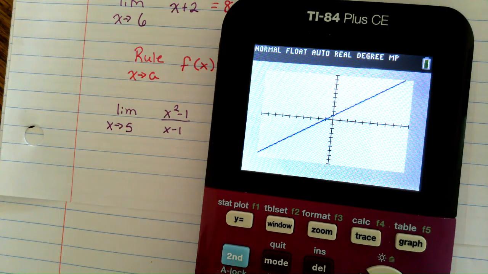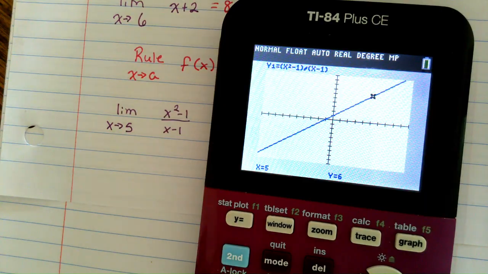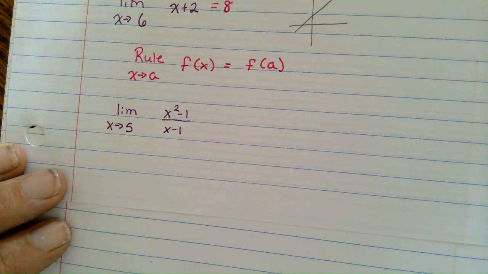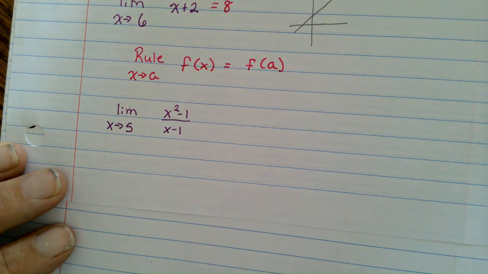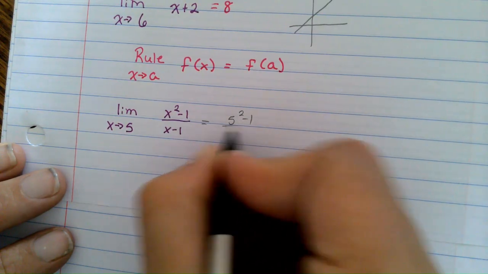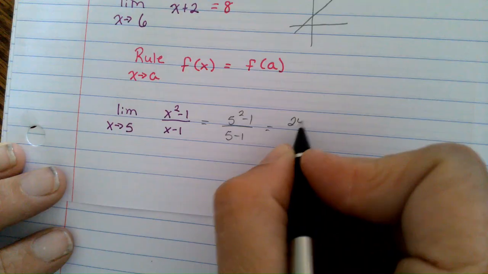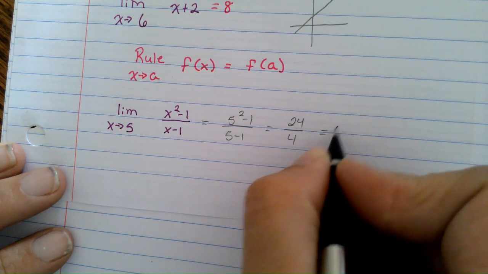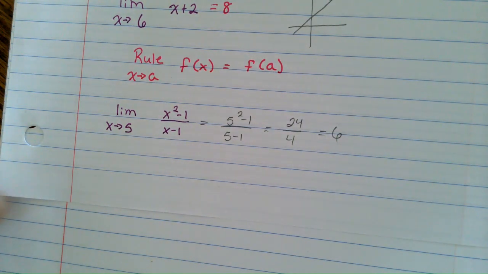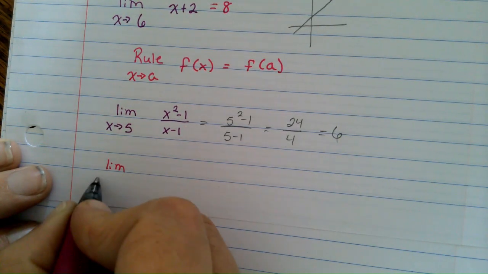Sweet. And if I have the calculator do my substitution for me, and I substitute 5, I get out 6, which hopefully you got the same thing as well. Because the rule says we can just substitute, and we get 24/4, which is definitely 6. Okay, same equation, but new limit. We're going to approach a different x value.